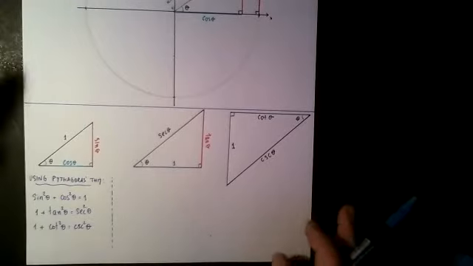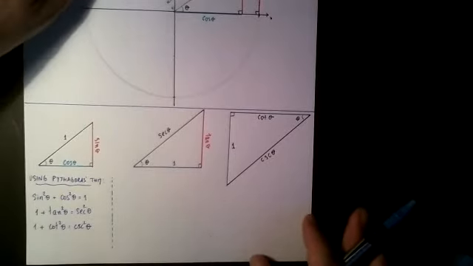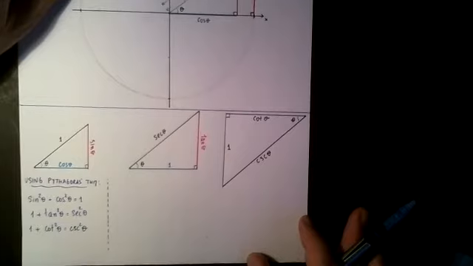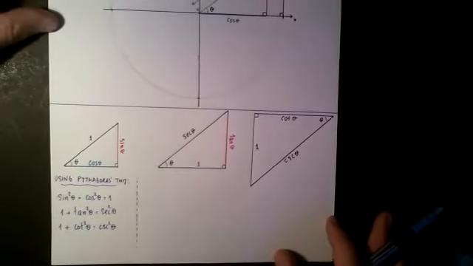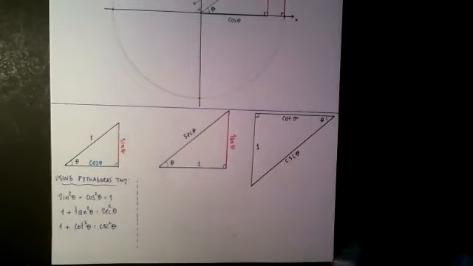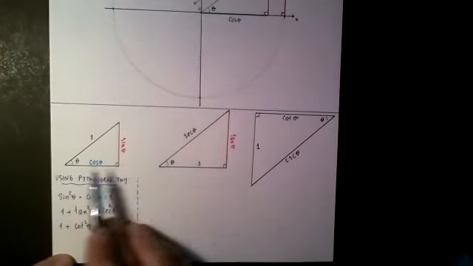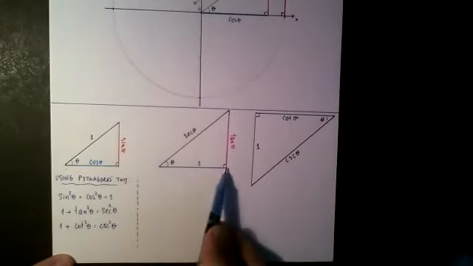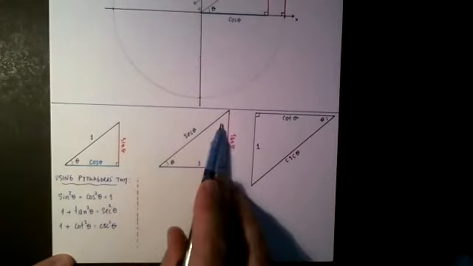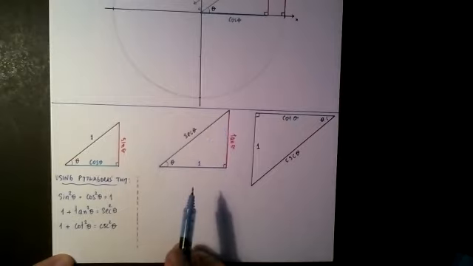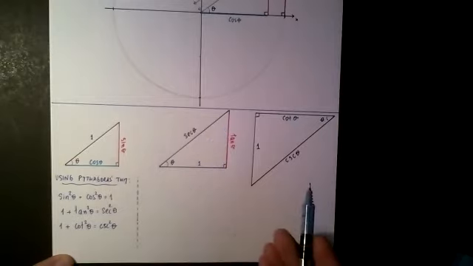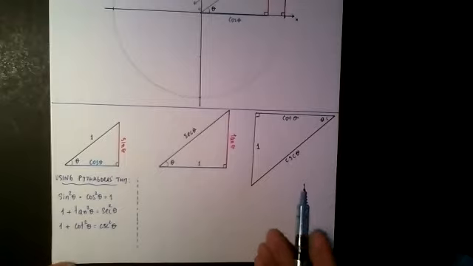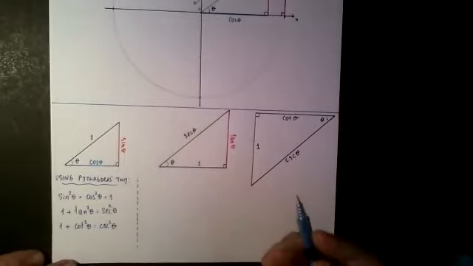Two angles the same, theta, theta, 90 degrees, 90 degrees. Obviously, the other angle is the same also because they add up to 180. So these triangles are called similar. They're similar triangles, or semblable if you learn in French.